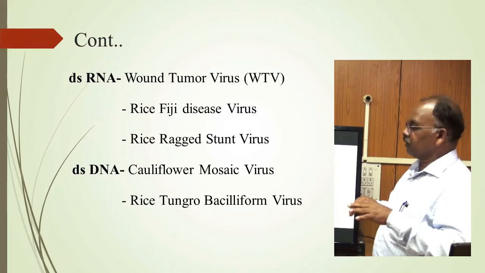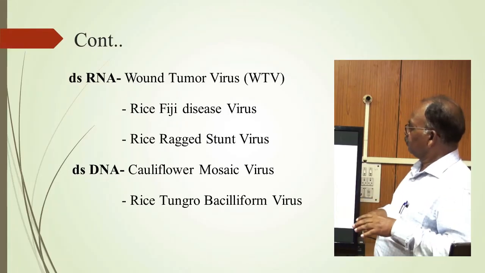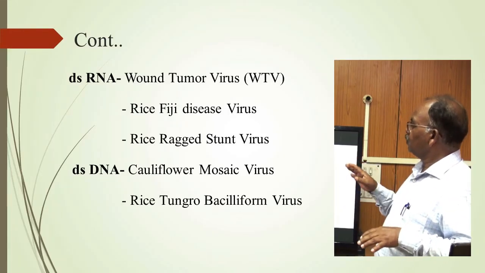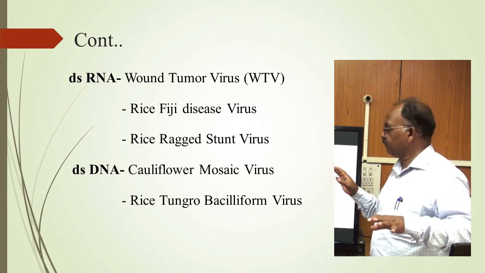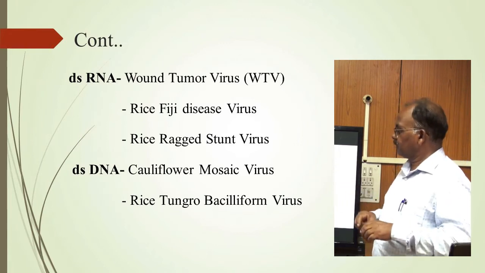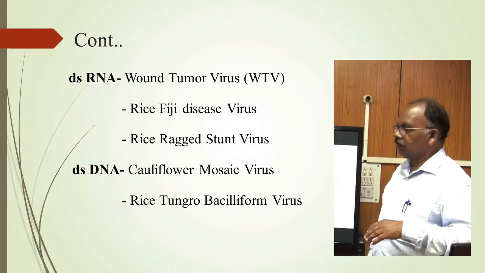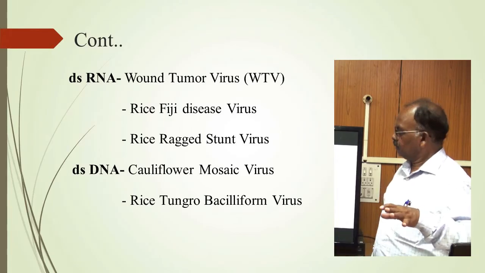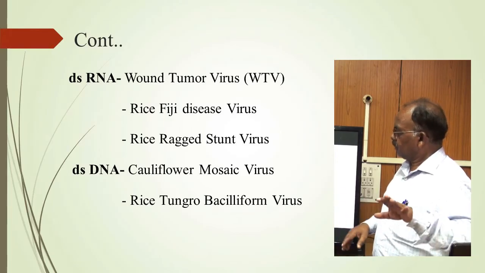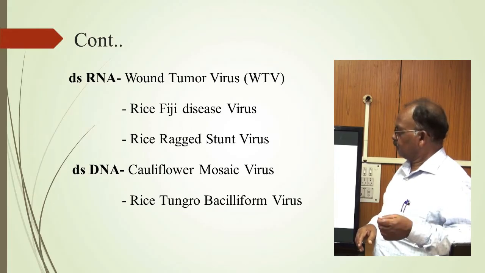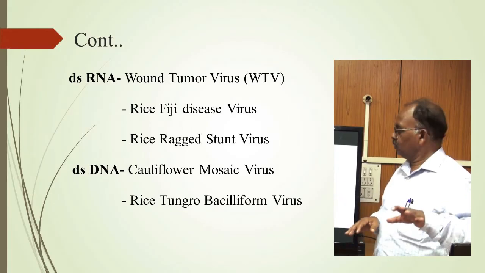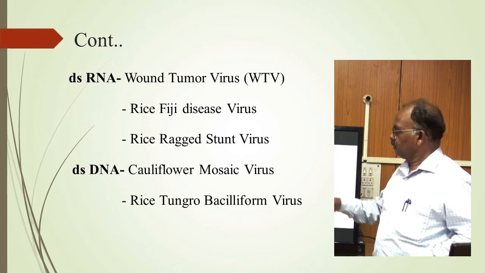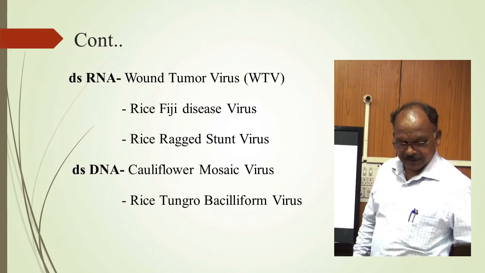Double-stranded RNA viruses include wound tumor virus, rice Fiji disease virus, and rice ragged stunt virus. Double-stranded DNA viruses include cauliflower mosaic virus and rice tungro bacilliform virus.